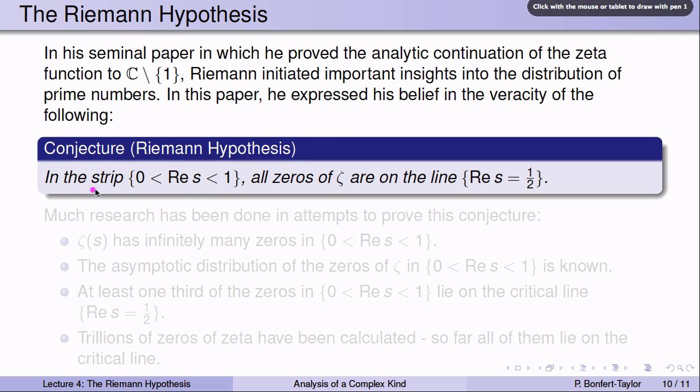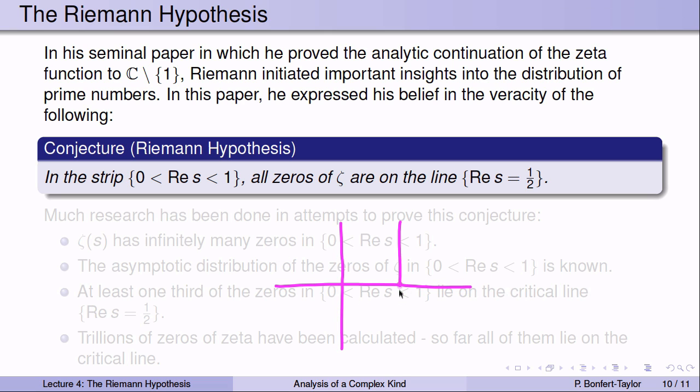Riemann conjectured that in this strip, real part of s between 0 and 1, all zeros of the zeta function are on the so-called critical line, real part of s equals 1/2. So he conjectured that there are no zeros over here, no zeros over here, but all zeros are on this line.